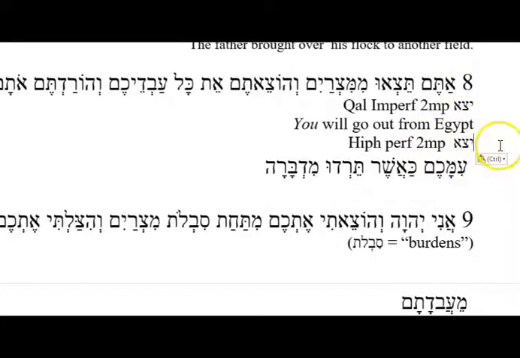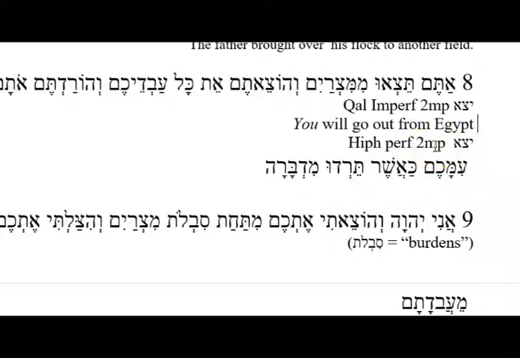So what does it mean? If yatsa means to go out in the Qal, what does it mean in the Hiphil? Well, it means to cause to go out or to lead out. So let's translate this verb. Second masculine plural.